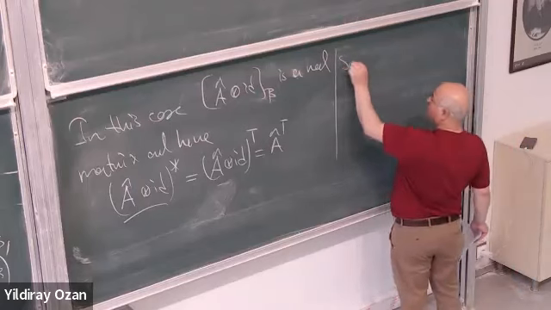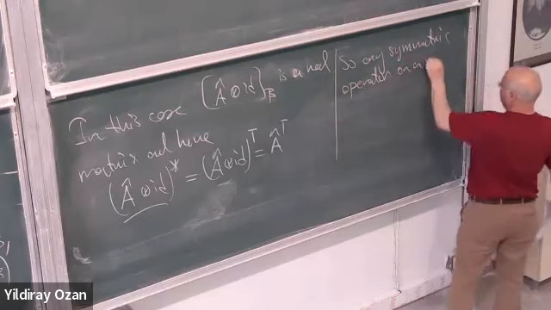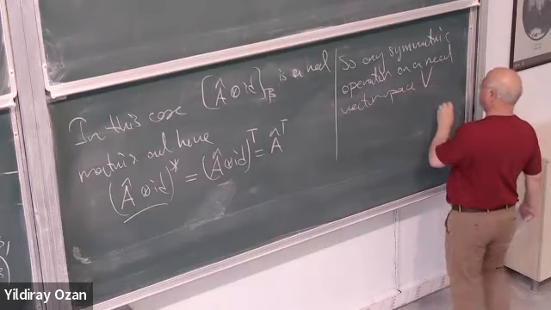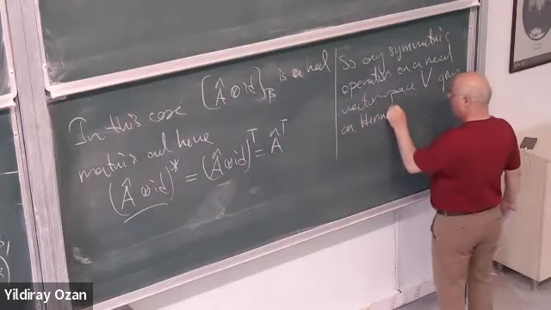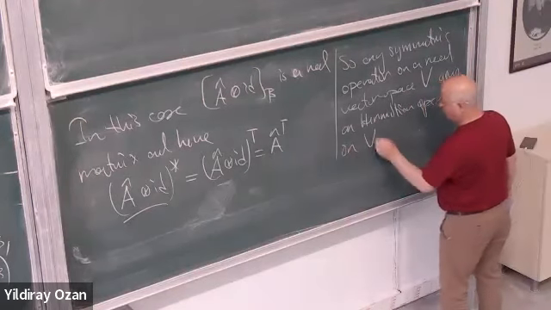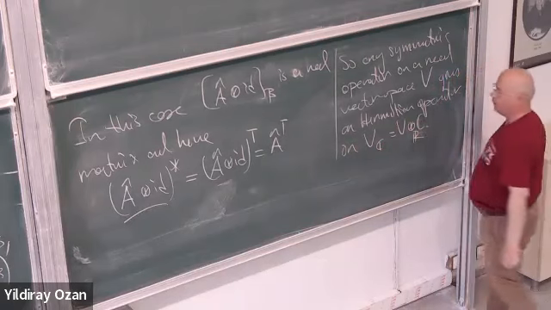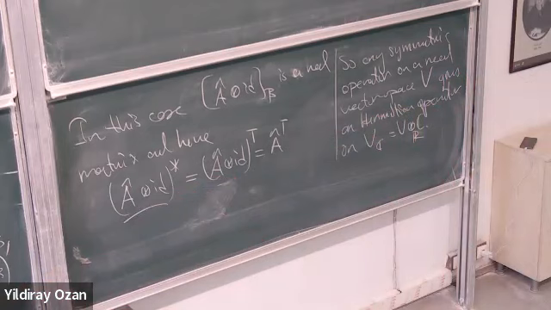So any symmetric operation on the real vector space V gives a Hermitian operator on V sub C. Dolayısıyla her simetrik operatör aslında Hermitian olarak da görülebilir, eğer vektör uzayını C ile tensör ederseniz.